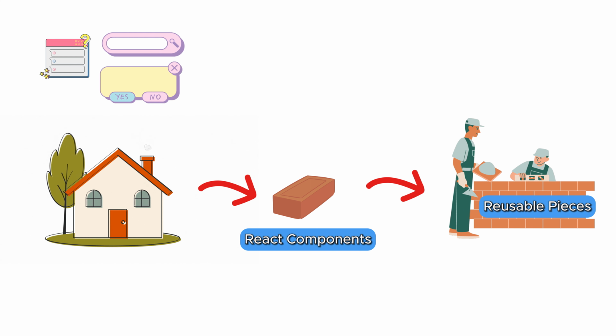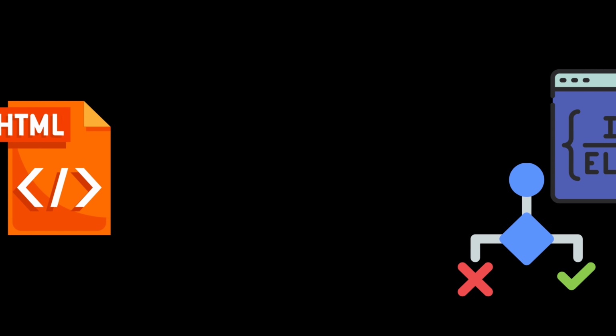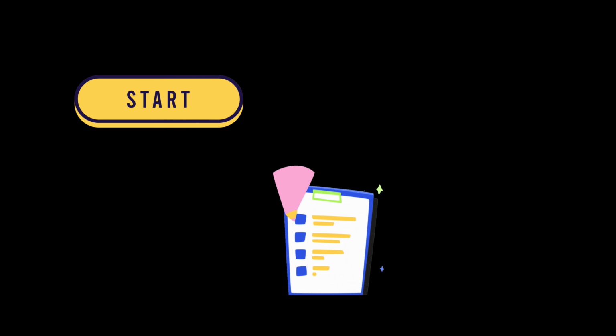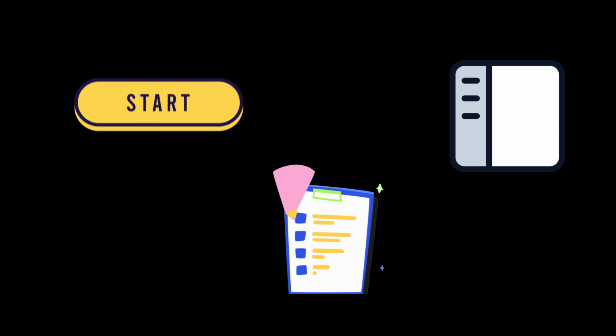They encapsulate both the structure, that means HTML, and the behavior, that means the logic, of a specific part of your user interface. Okay guys, let's think in the web world. Think of a button, a form, a navigation bar. These can all be individual React components.